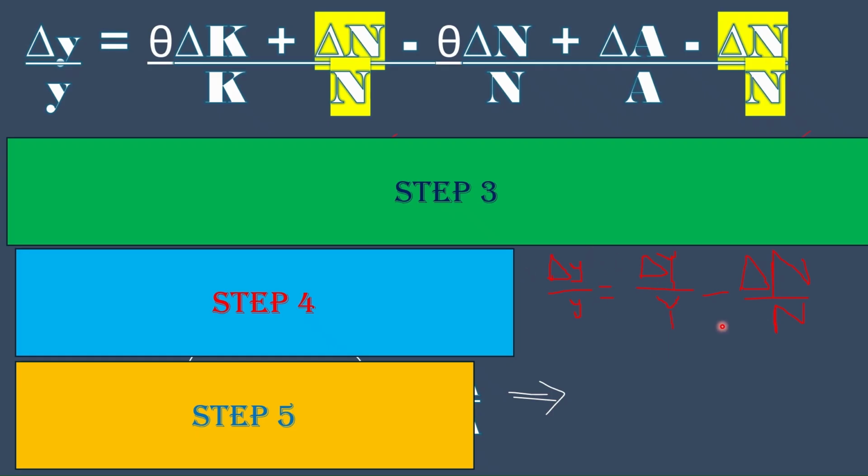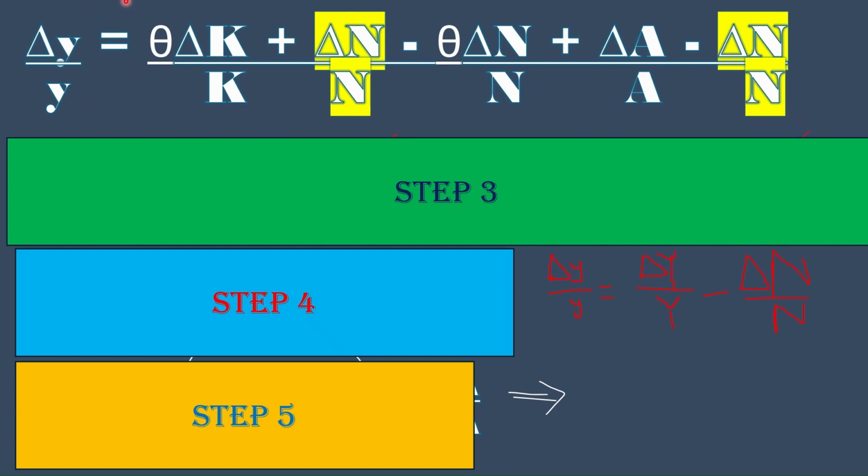Initially we had the change in capital Y divided by Y, and we said we're going to subtract the change in capital N divided by N on both sides, and once this is together, it transformed into the change in lowercase y divided by y.